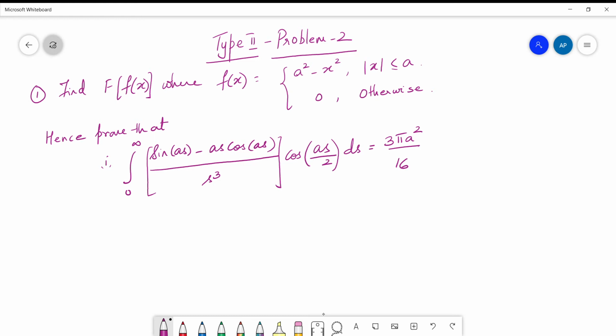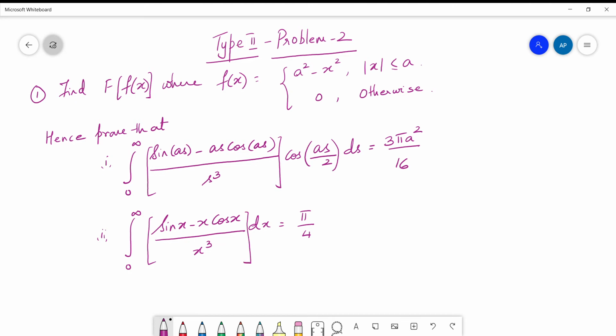Don't get scared looking at a big expression in the integrand. The procedure is very simple, as we have done in the last video. Then it is integral of sin x minus x cos x divided by x cube dx. This is the other integral that he wants us to prove. This is also just a step which comes from the previous integral.